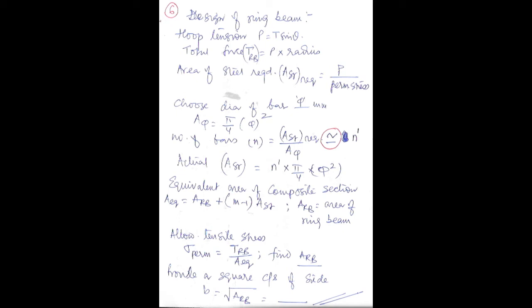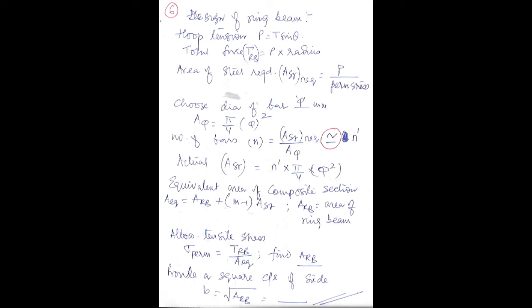Then next we have to find the equivalent area of the composite section. Equivalent area, that is AEQ, is equal to ARB plus (M minus 1) into AST, where ARB is the area of the ring beam. Correct. So allowable tensile stress, sigma permissible, is equal to TRB by AEQ.